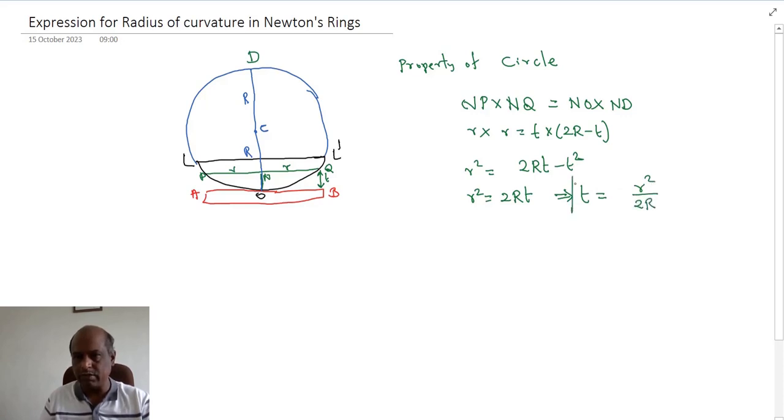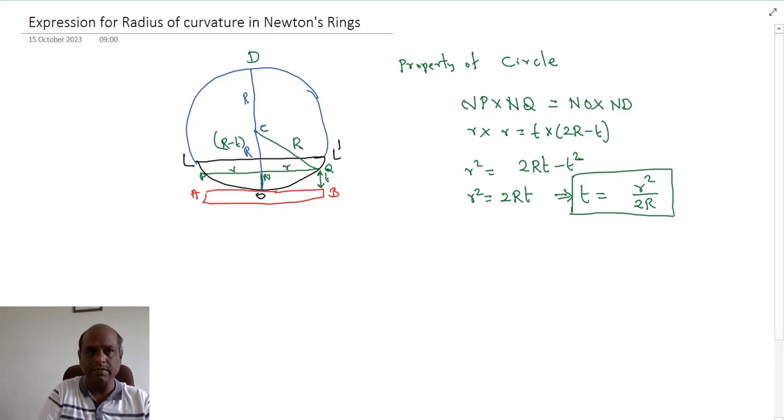So this is one way how we can obtain T is equal to r square by 2R, or else let us proceed in a different way. Already we know NQ is equal to small r, and this CN is equal to R minus T. So joining C with this Q, this becomes capital R, the radius of curvature.